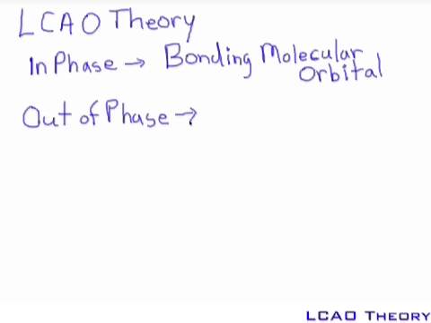Between the two nuclei, electron density drops, and electron density moves to the outer edges. And that means between the two nuclei there's no bond, and this is referred to as an anti-bonding molecular orbital.